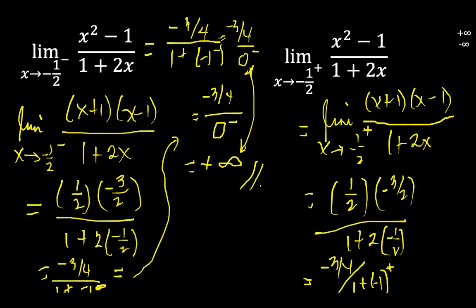So if we simplify this, negative 3/4 over something approaching 0, but we are getting positive values, because 1 plus all the values here which are greater than negative 1, like negative 0.9999 or 0.998, is approaching 0.